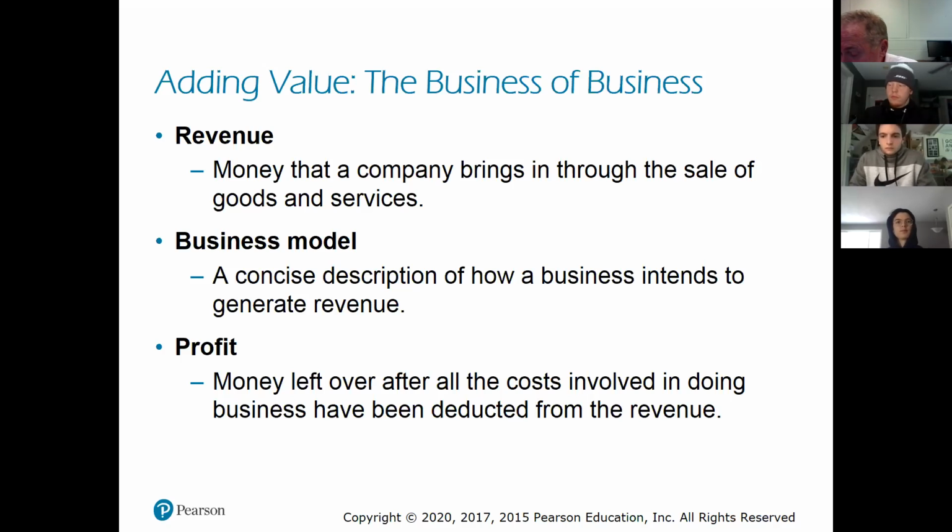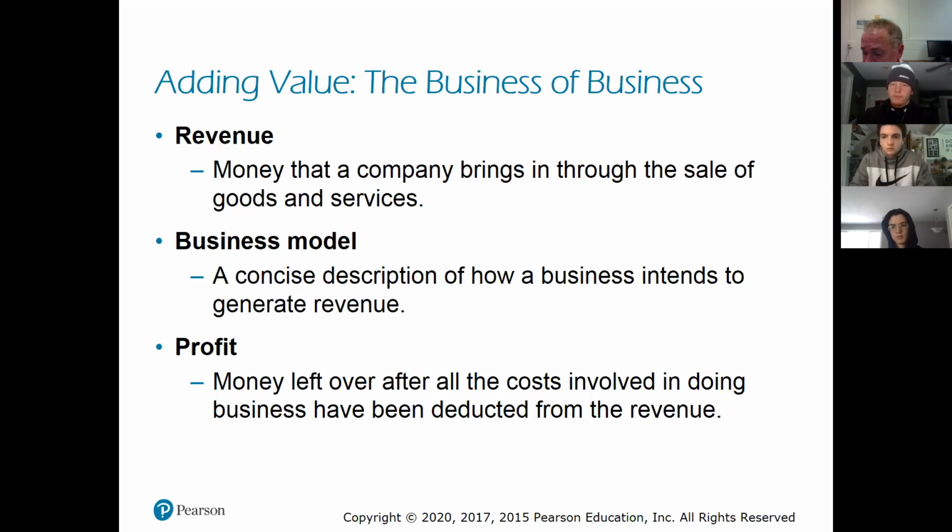So when you're talking about adding value, each company has what we call a value chain, and that can be how they make certain decisions to generate revenue. When they have a list of things that they have to get done, like pay their employees or buy a building, whatever's left over is the profit.